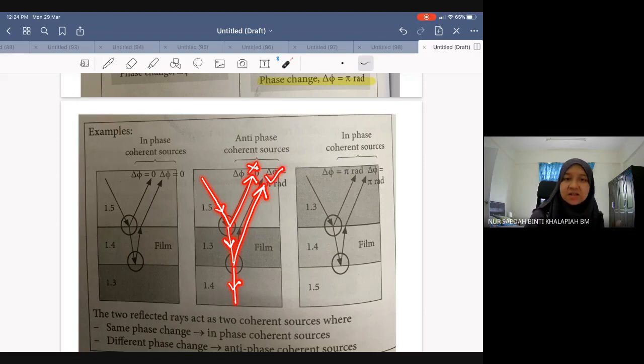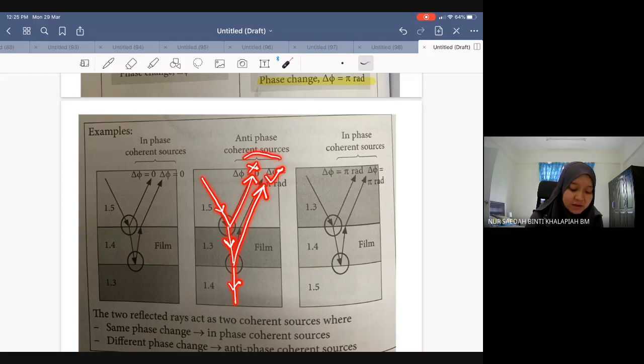So there is a phase change, thus the reflection ray 2 has a phase change. Okay, dia ada phase change, ada perubahan fasa. Kalau madam ada perubahan fasa, madam akan tanda right dekat situ. Pangkah menunjukkan tak ada perubahan, no phase change. Right menunjukkan there is a phase change. Berapa banyak phase change-nya tadi kita dah cakap dah, sebanyak pi radian.